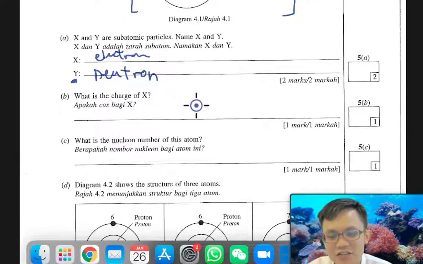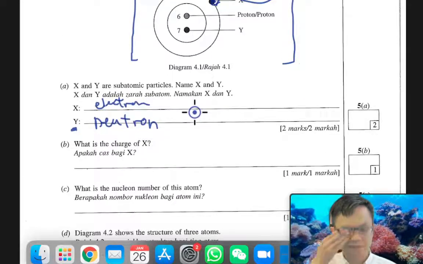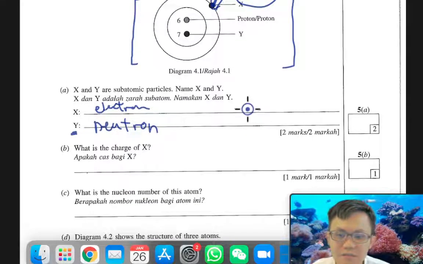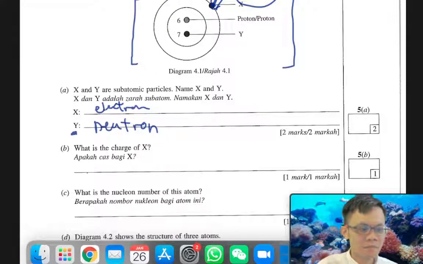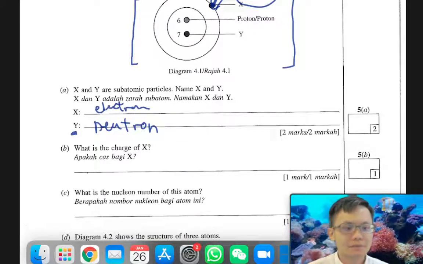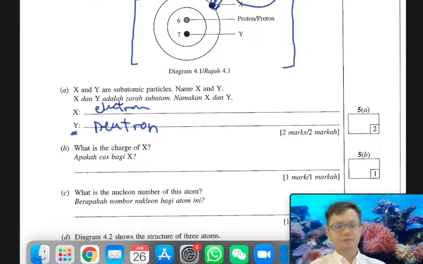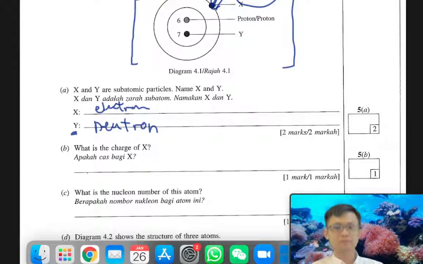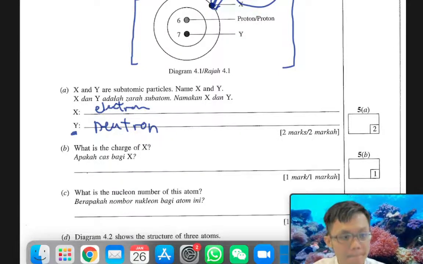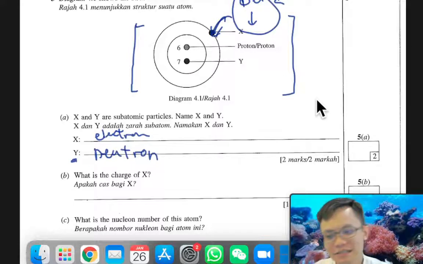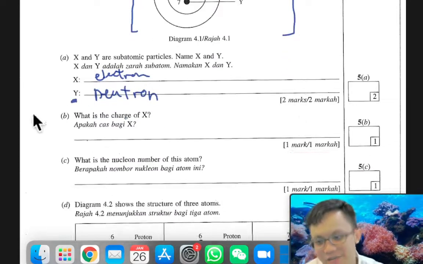What is the charge of X? Obviously the charge is negative.